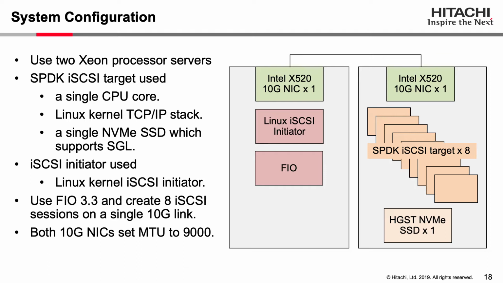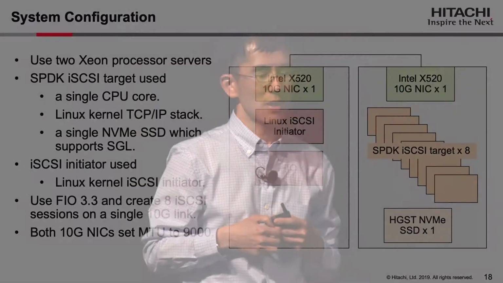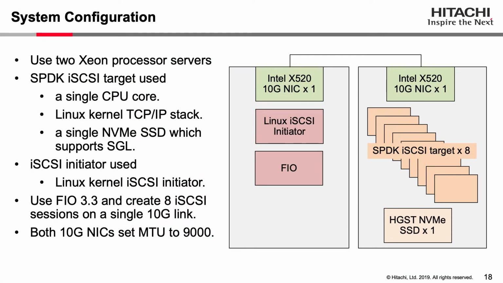I used the Linux kernel TCP/IP stack in this case, but in the near future, I want to evaluate the performance based on VPP next. And the third one is I needed to use an NVMe SSD which supports scatter lists.